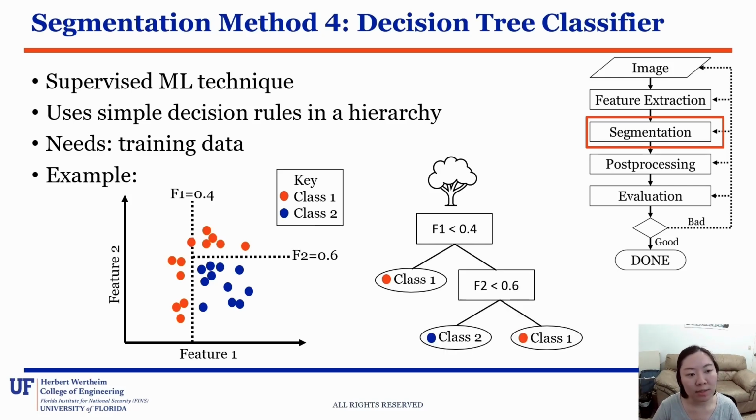So we can use the second rule to extend our tree accordingly. So this reads, if feature 1 less than 0.4 is false, in other words, if feature 1 is greater than or equal to 0.4, go right. And now, additionally, if feature 2 less than 0.6 is true, it's in class 2. Otherwise, it's in class 1.